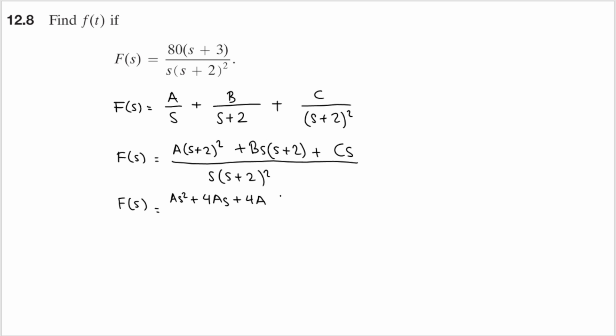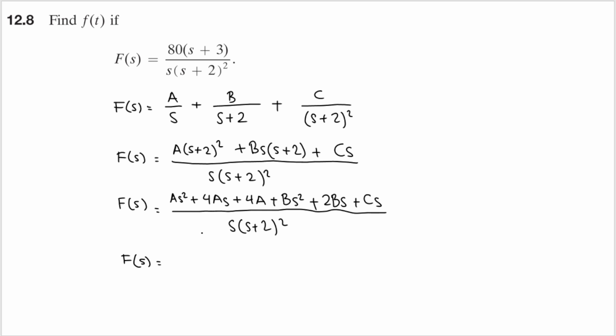And then for this one, we will have plus Bs squared and then plus 2Bs. And the last one, we will have plus Cs. Okay, and all of that will need to be divided by s times (s plus 2) squared.